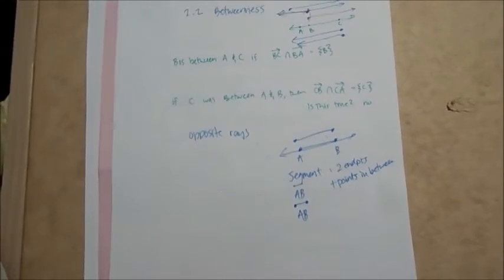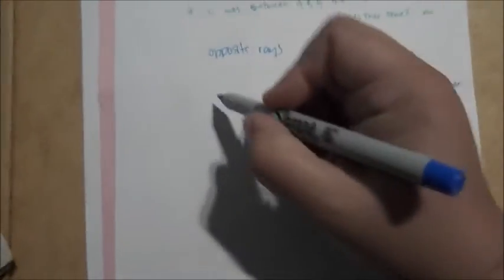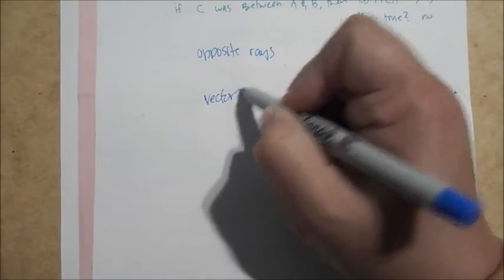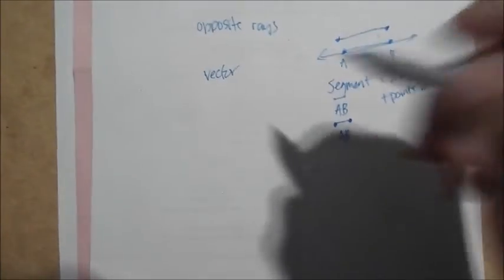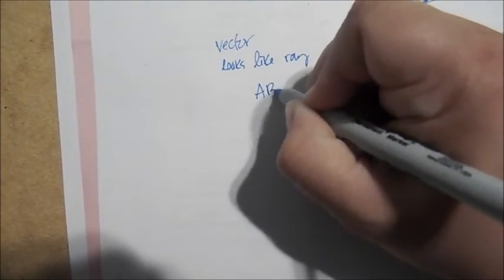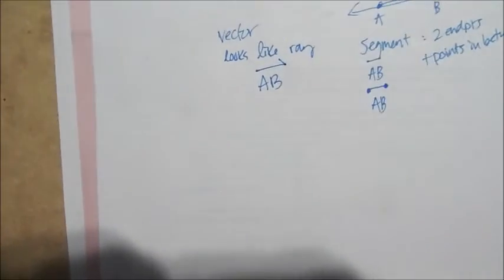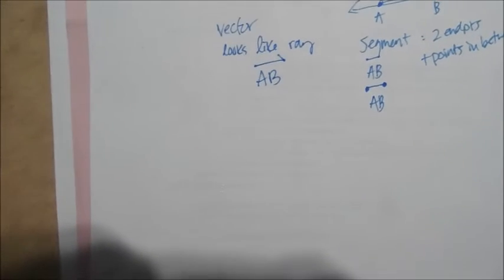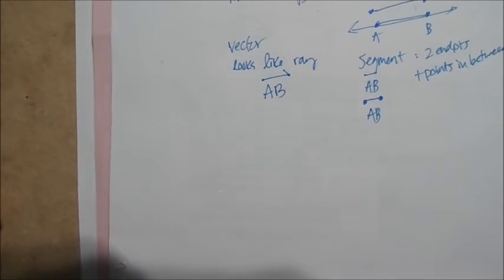One of the things that it does mention is something called a vector. And a vector looks like a ray. But it would end up looking like this. Okay, that is different.